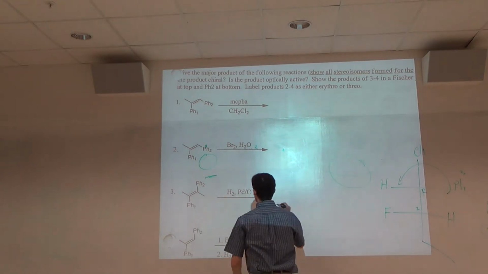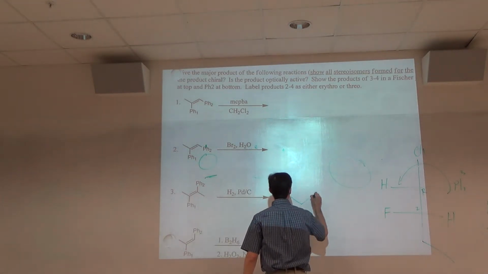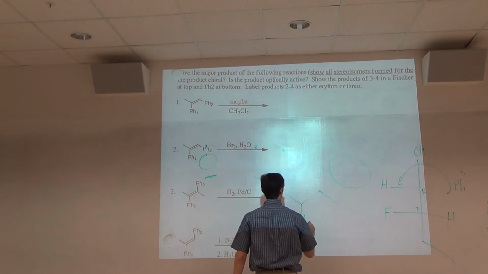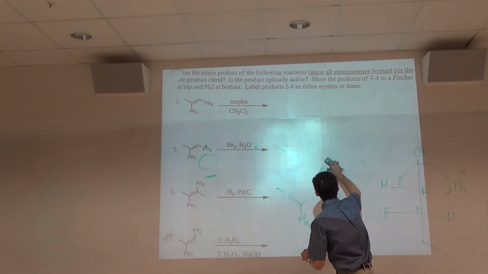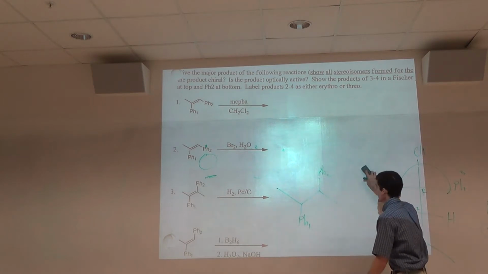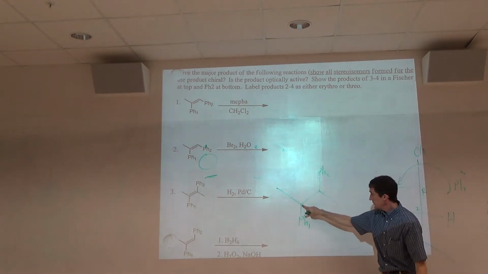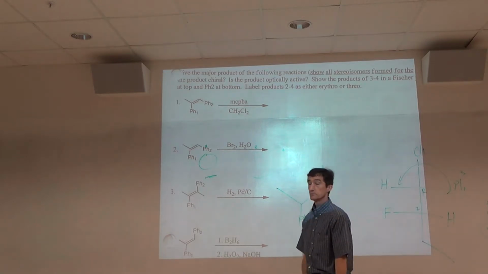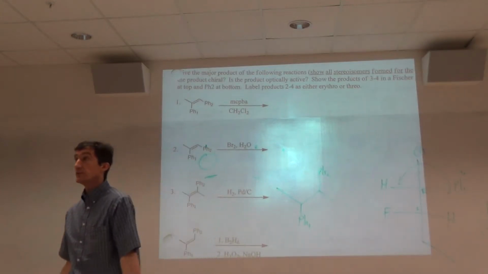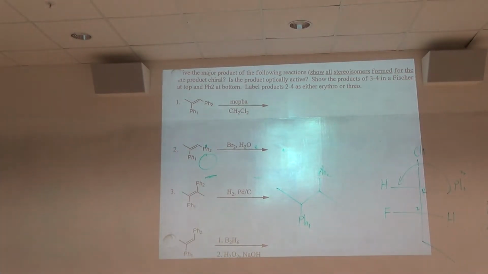So if we don't do any stereochemistry, that's the product. New H here, new H here. In terms of predicted product without stereochemistry, it's easy, right?